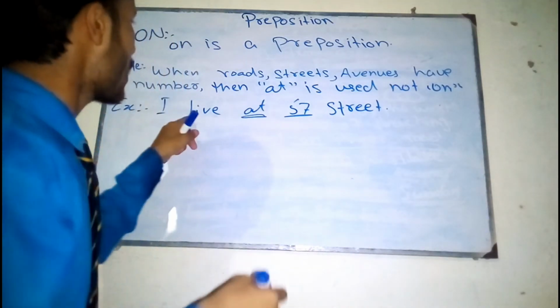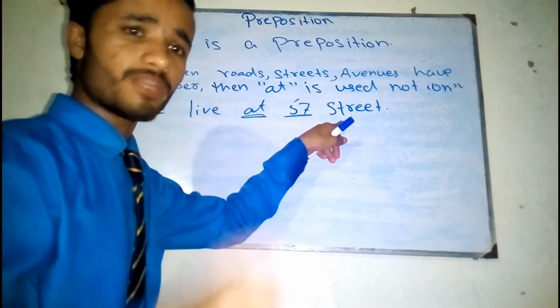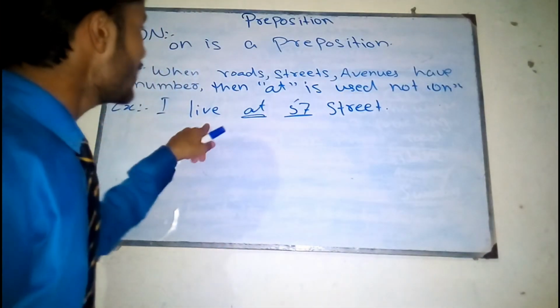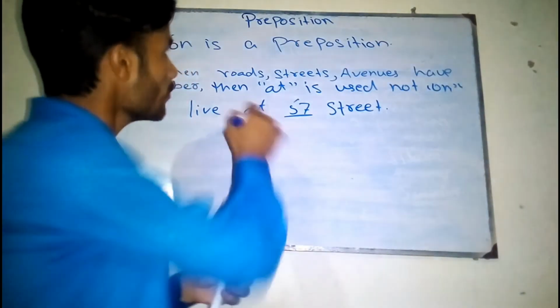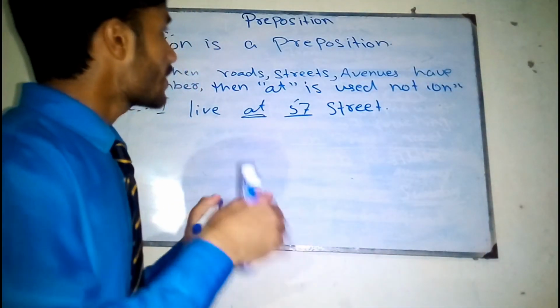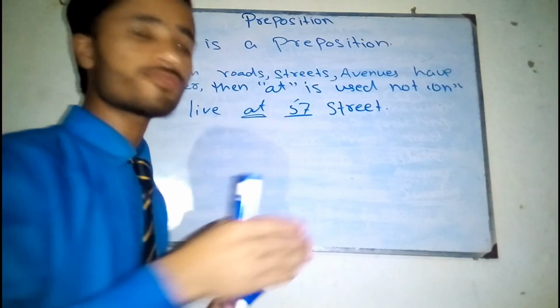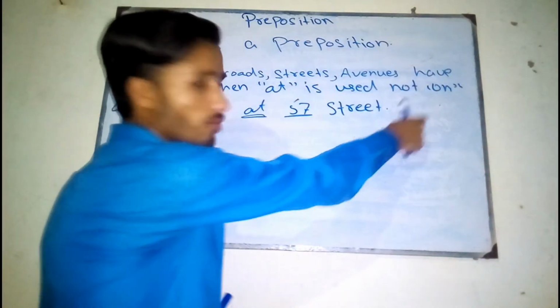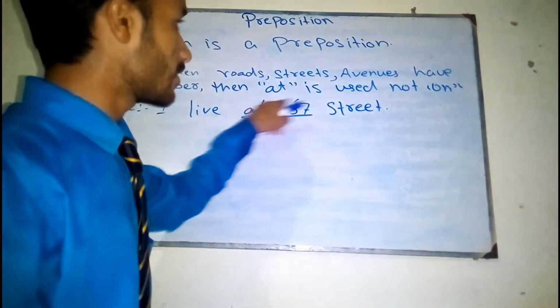We cannot say "I live on 57th Street." It is completely wrong. We have to say "I live at 57th Street." With numbers we use "at", not "on".